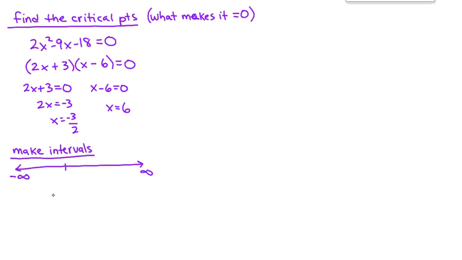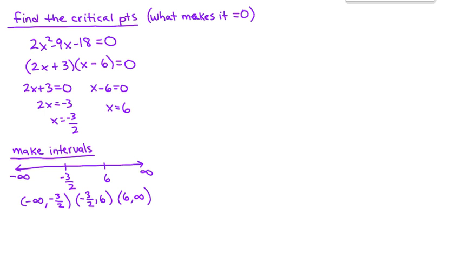And it has a break at negative 3/2, and it has a break at 6. Everywhere you have a critical point, you have a break in your number line. So we write the intervals as negative infinity to negative 3/2, negative 3/2 to 6, and 6 to infinity. You can write the intervals without drawing the number line if that's what you like to do.